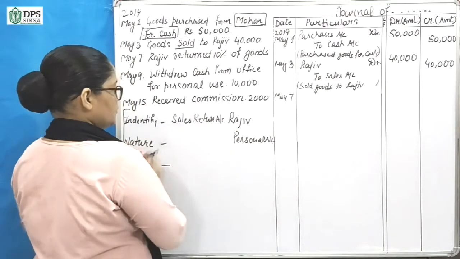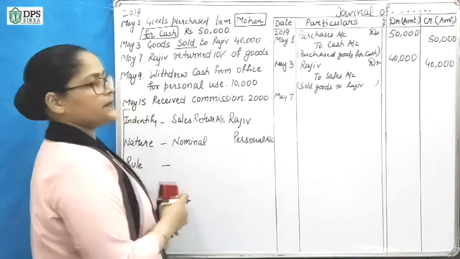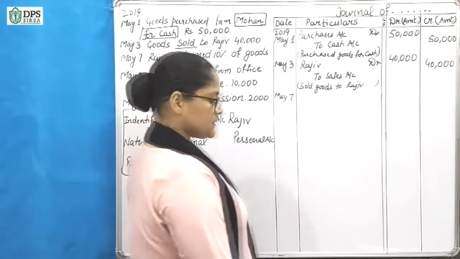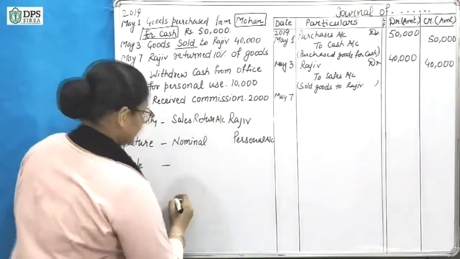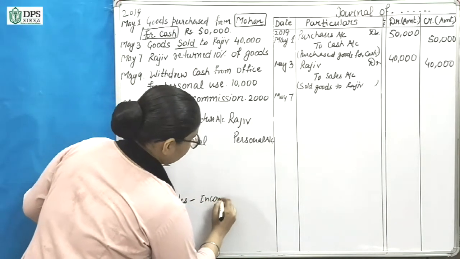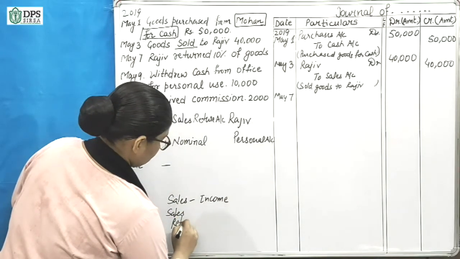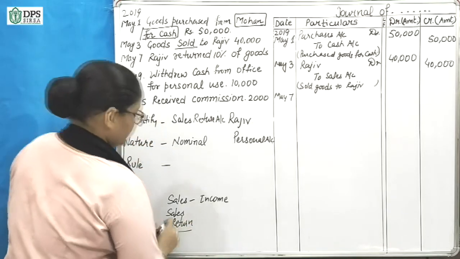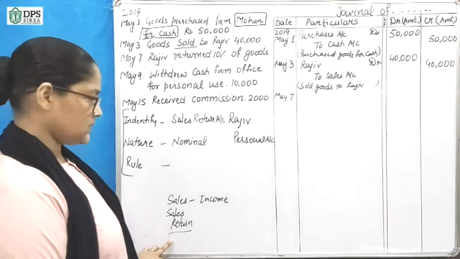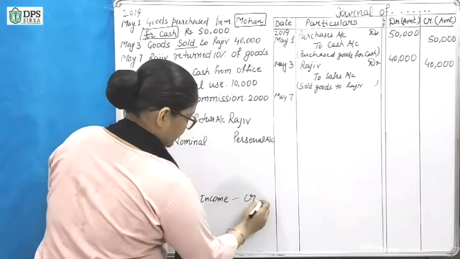So I have told you in previous lessons that whenever sales are there, sales are our income. And when sales returns are there, the person to whom we have made sales is returning goods to us, then income is credited, so it will be debited.